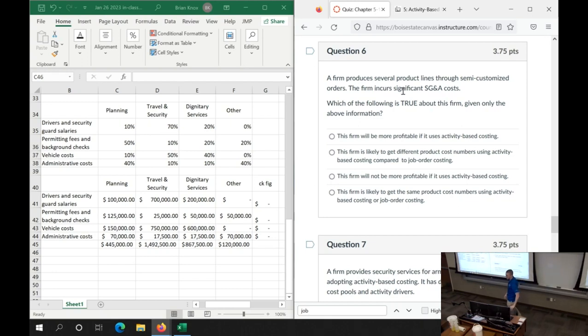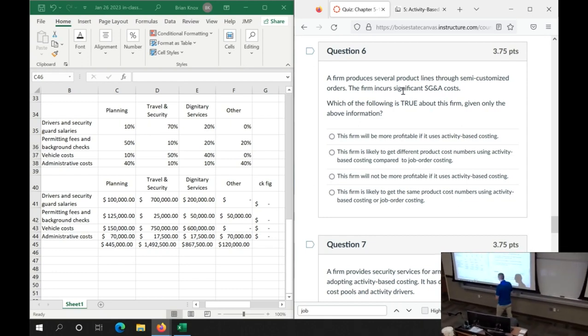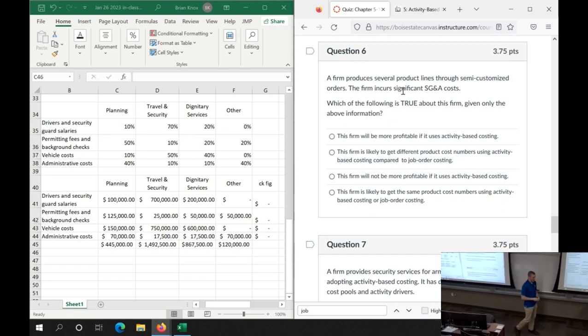And so which of the following is true about the firm given only the above information? The difference between ABC and job order costing in this case is that ABC is willing to take SG&A costs that would normally be considered period costs, and is willing to assign them responsibility if they are indeed correlated through an activity driver. So it rips out that dotted line, which is one of the reasons why ABC is not GAAP compliant.